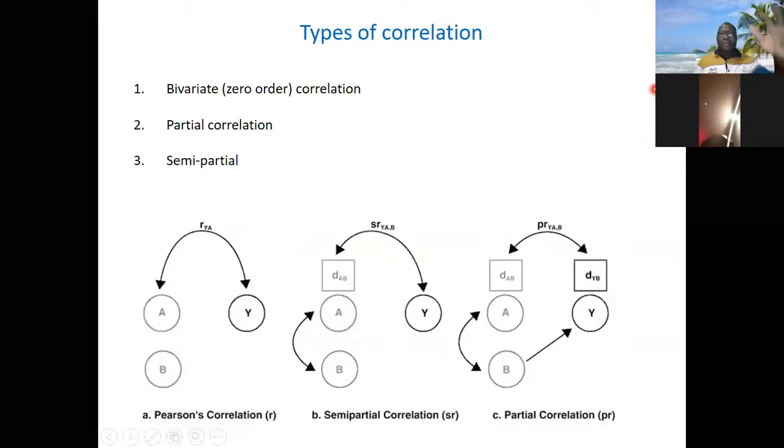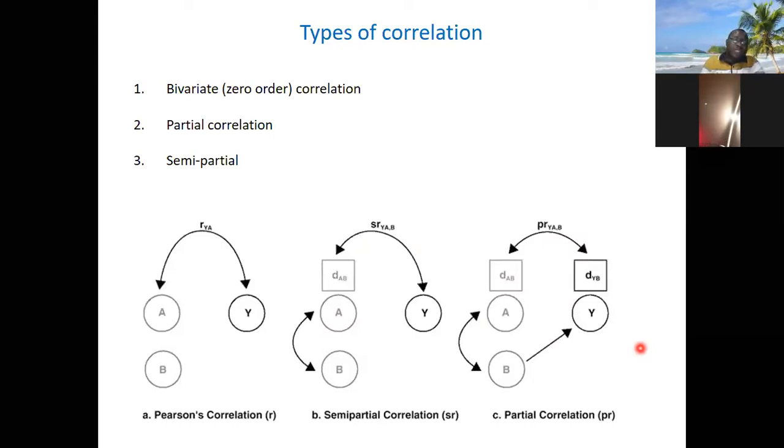The last one I just want to say is the type of correlation. Though we describe the different types of correlation coefficient, when you are calculating in different ways, the commonest one which we actually calculate is bivariate, which is also called zero order correlation. Then we ask about partial correlation and semi-partial.